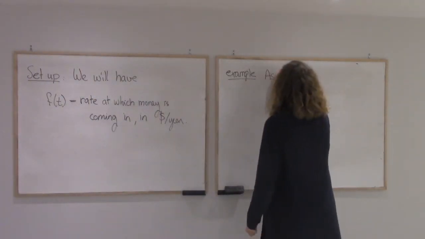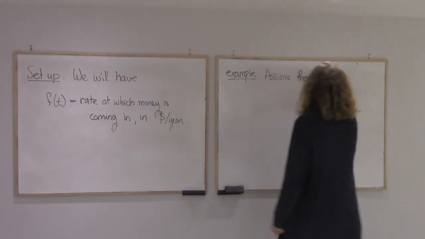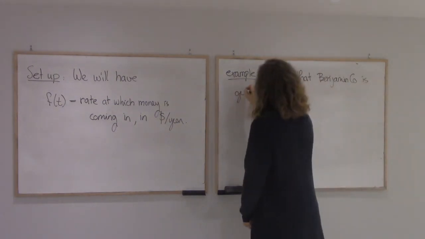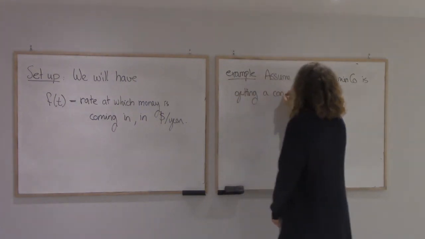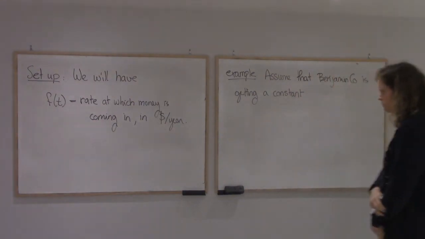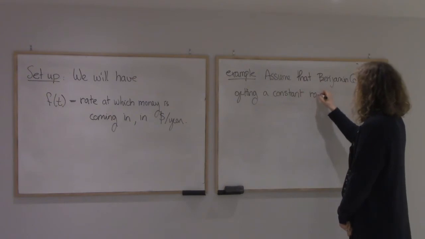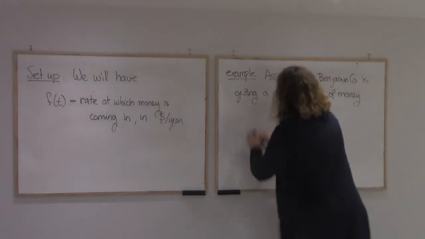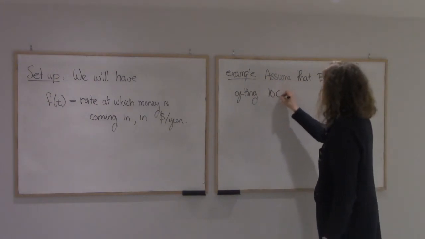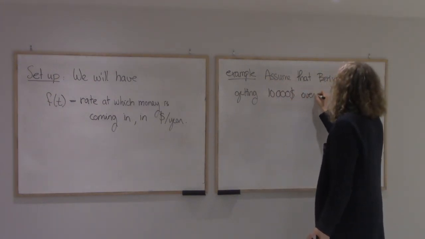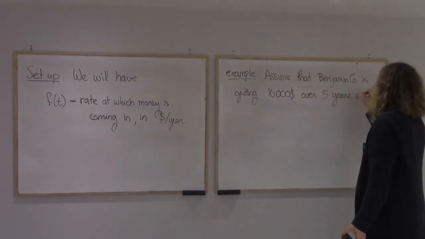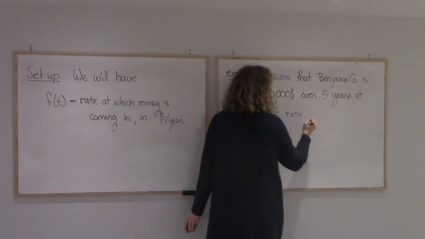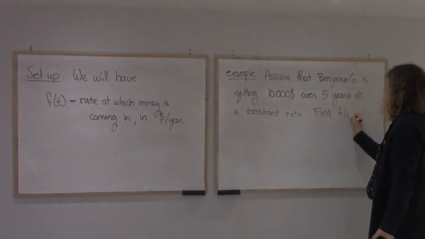So assume that Benjamin Coe is getting $10,000 over 5 years at a constant rate. And I want you to help me figure out what f of t is.